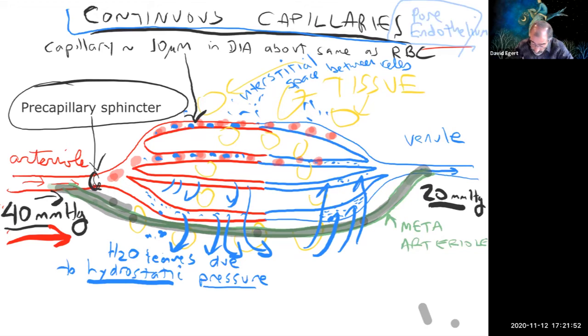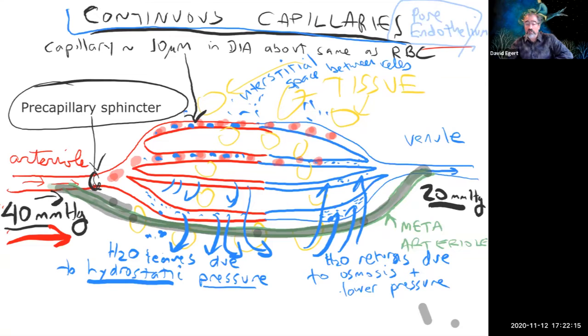One, H2O returns due to osmosis, and the lower hydrostatic pressure. So now there's not as much pressure as we're getting to the far side, pushing stuff out, but we have an osmotic pressure, which is driving the movement of the water back into the capillary.